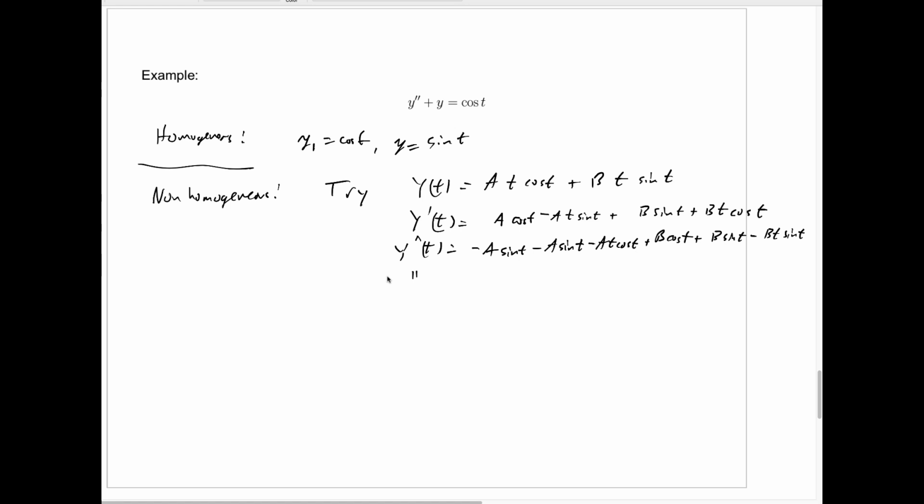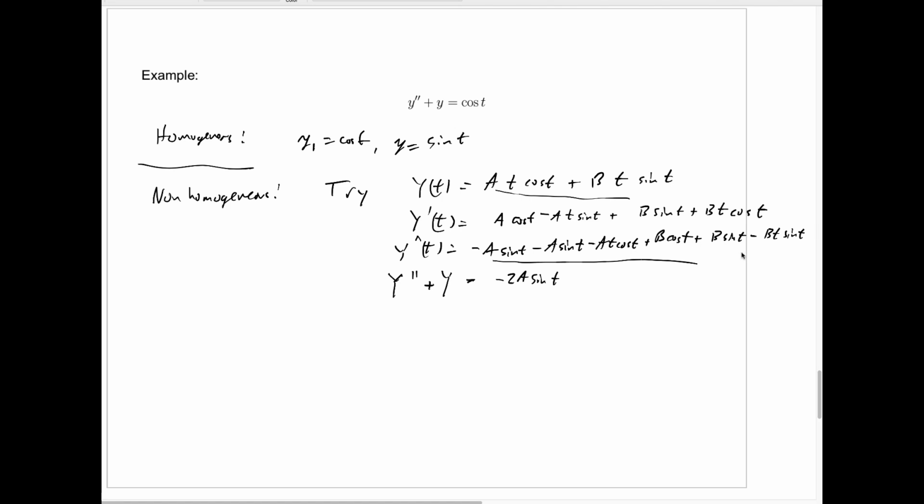y double prime plus y. When we take this stuff here, y double prime, and we add y, you'll see that the at cosine t cancels the at cosine t there, and the bt sine t cancels the bt sine t there, which is vital if we're going to be left with just cosine t. And what we have is, here we have minus 2a sine t, and then we get, well, this should have been cosine t here.